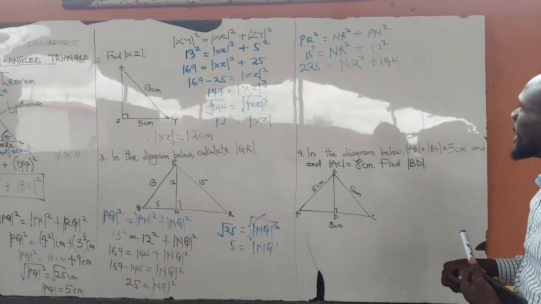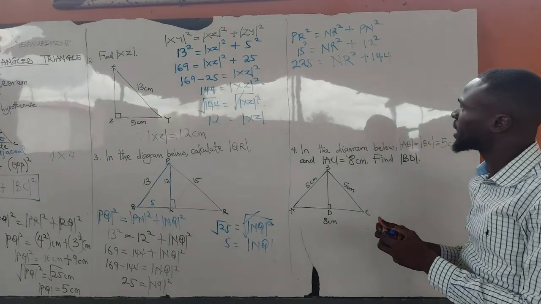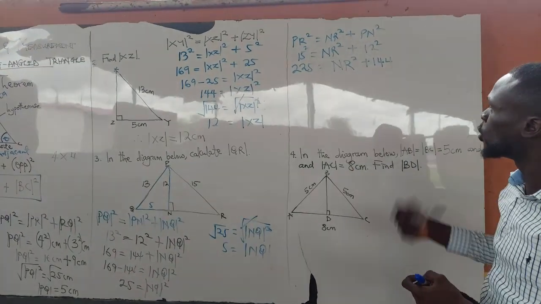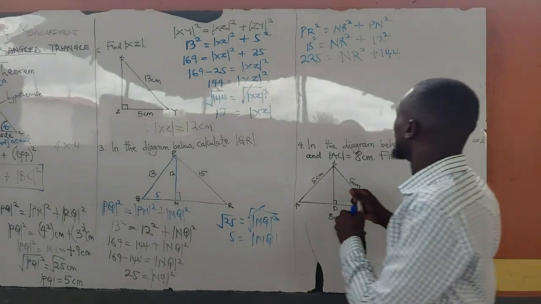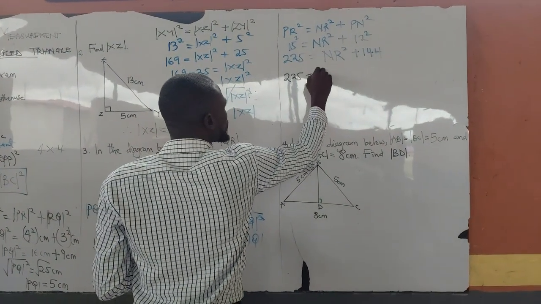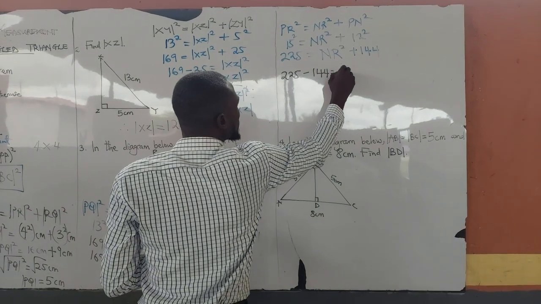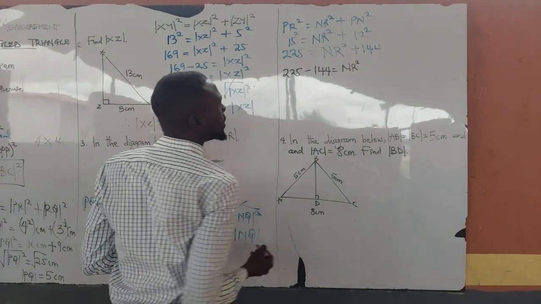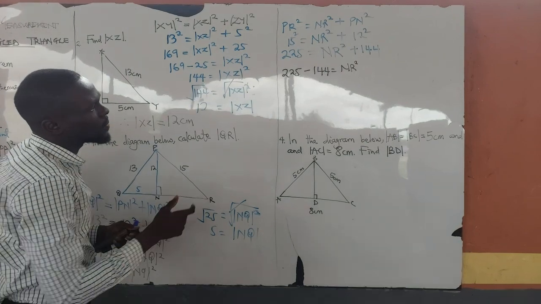So we group like terms. By taking this one to this side will help us to know the value of NR. So we are going to say 225 minus 144 is equal to NR squared. Now let's subtract.